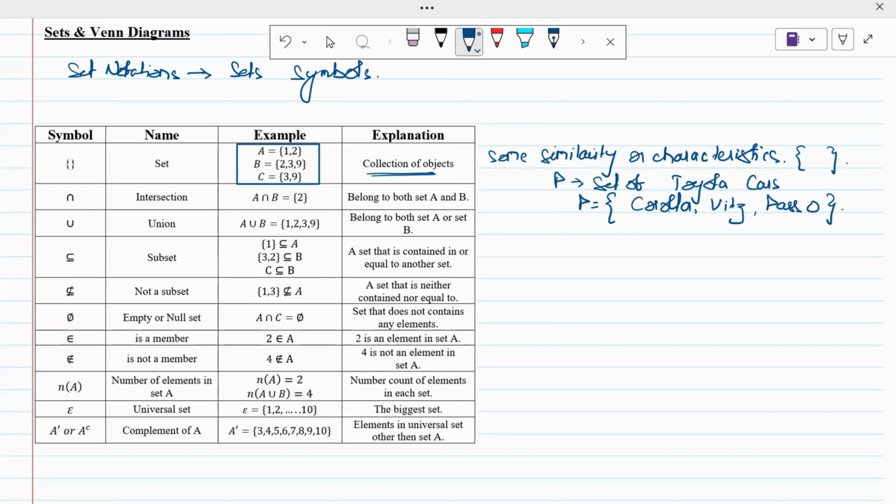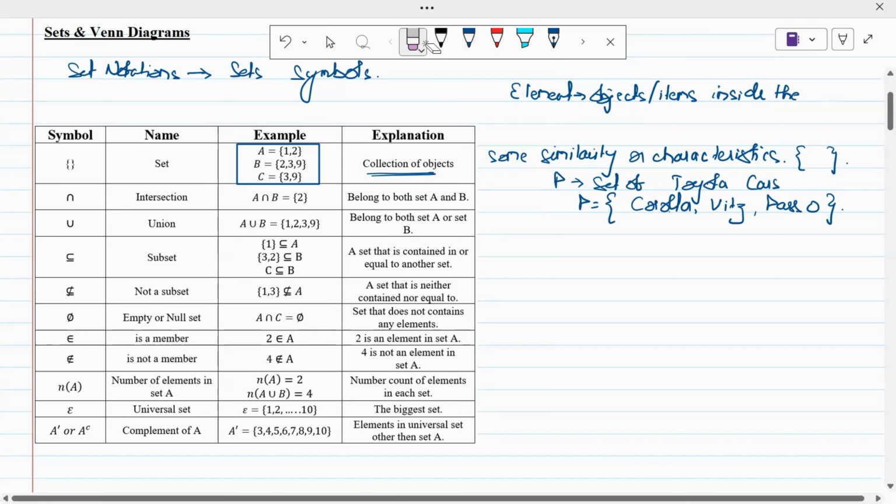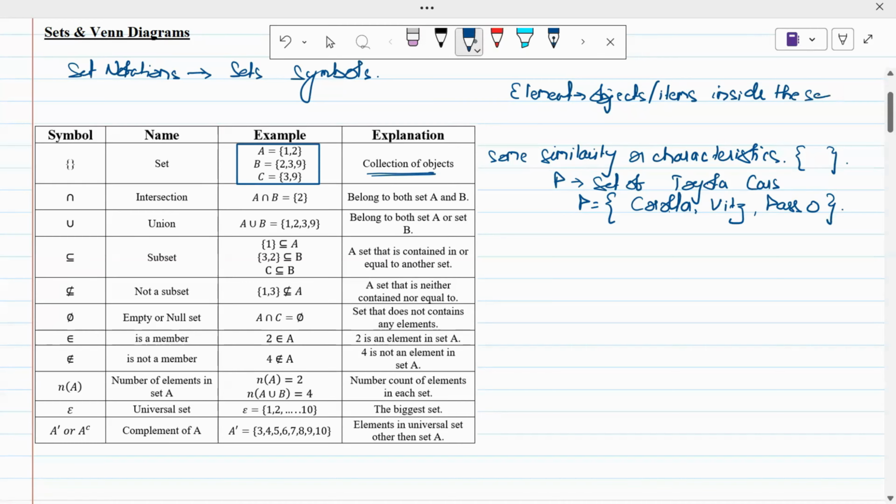When I use the word element, it means an object or item inside the set. So we have three sets here: set A has the elements 1, 2, B has elements 2, 3, 9, and C is 3, 9.